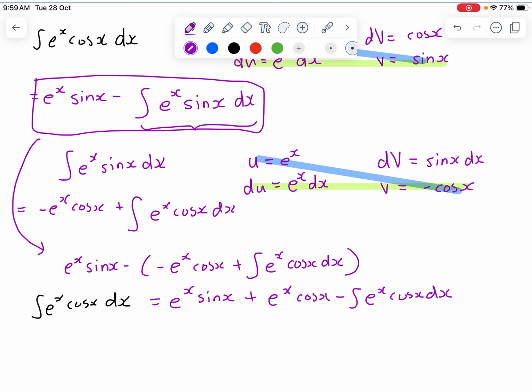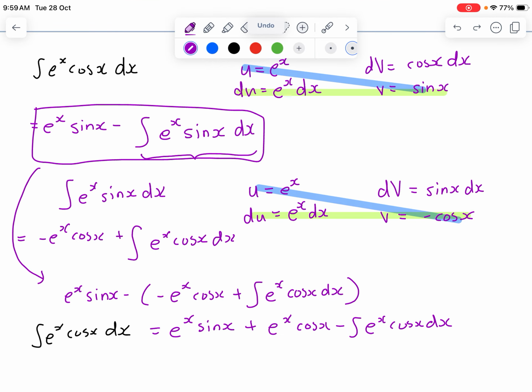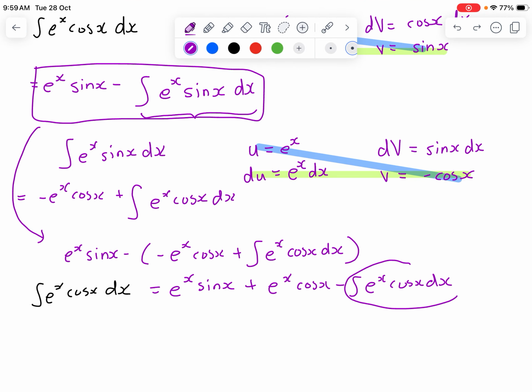So we're basically writing this whole thing and setting it equal to that, because the whole question is this, and we have two integrals that are the same. So we want to algebraically put them on one side, so then we can solve for the other side.